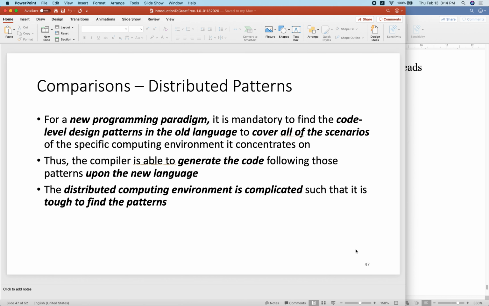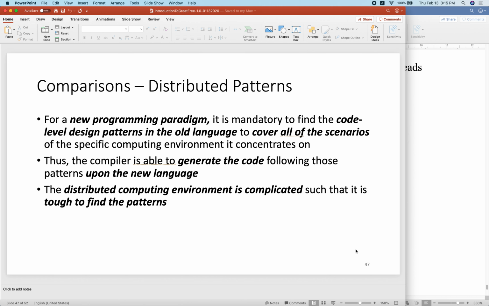The goal of grade 3 is that in the near future, I hope this system can be evolved to a new programming language. That means we use this language to develop any distributed system, not only for enterprise-level systems, but also focused on the internet-oriented distributed computing environment.